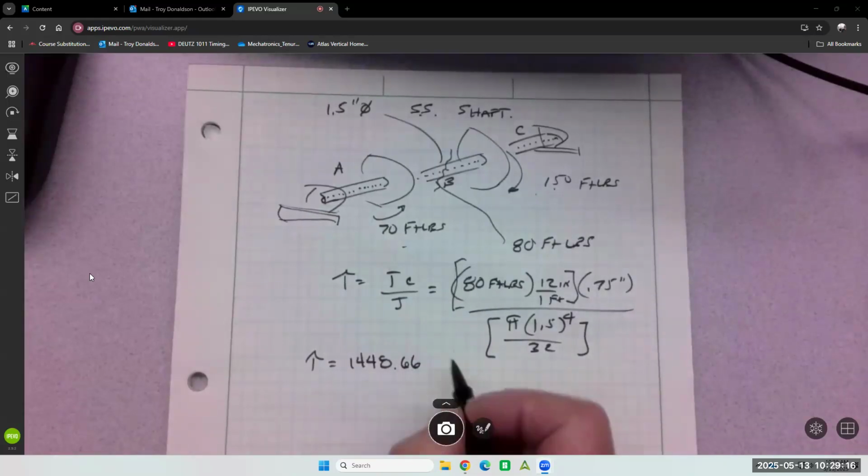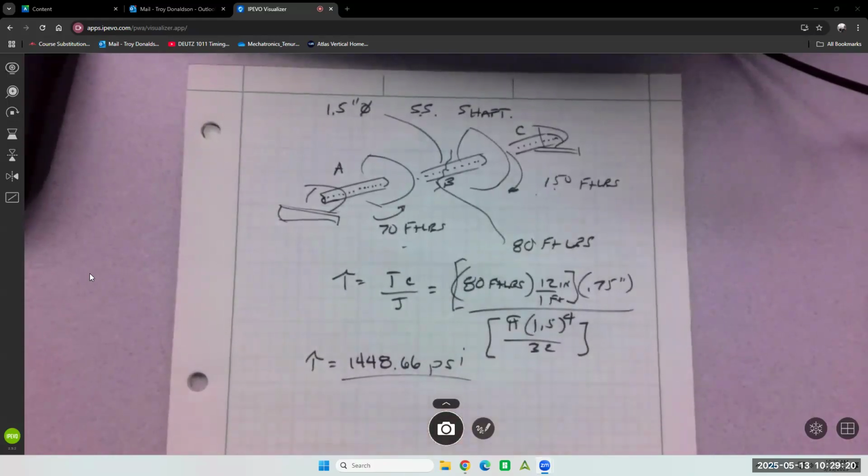You want to get that number? Yeah. Oh, good. And what do we have for yield for stainless? Stainless steel, I think it's the same. Oh, it's higher, 42. My book has 40,000 PSI.